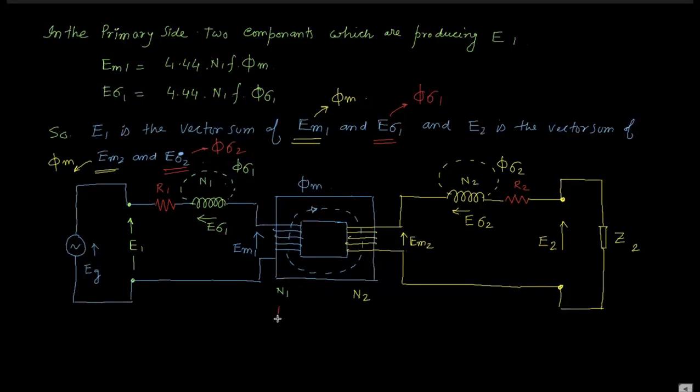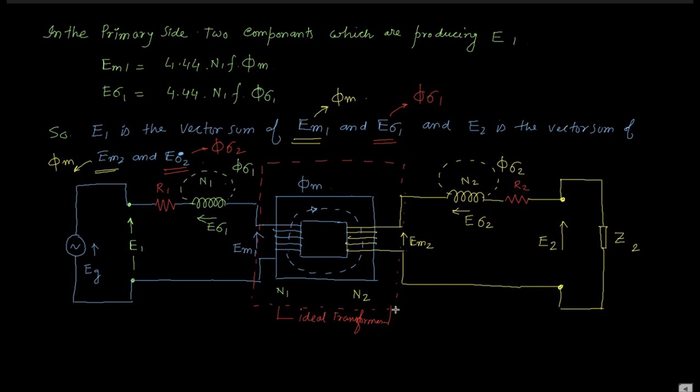So this is the equivalent circuit of an ideal transformer, where no loss is there, only phi m is flowing through the core, and due to that EM1 or EM2 is generated, there is no loss associated.